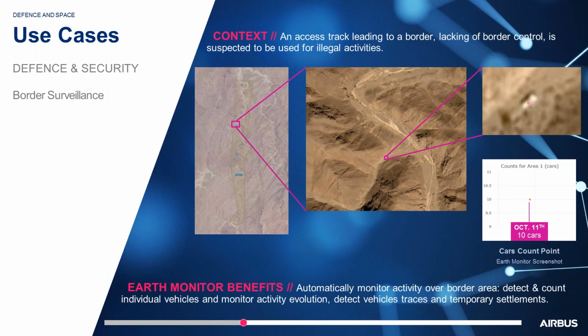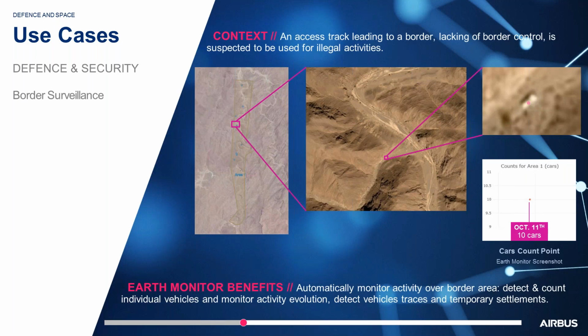So the very interesting point here is the capability of the tool to detect vehicles in different landscapes. And here, for example, in the desert, Earth Monitor is able to detect a car, and indeed, it's really a car. Another very interesting aspect here is the capability of the tool to aggregate the number of cars in an area.